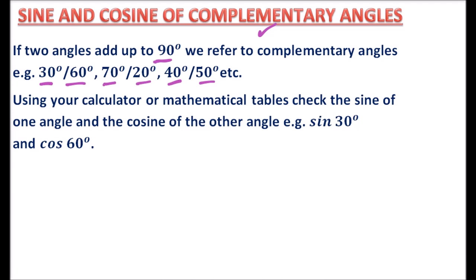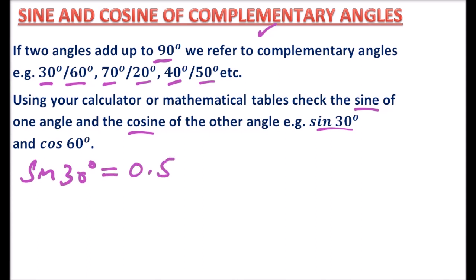And using a calculator or mathematical tables, you can check the sine and the cosine of one angle and the other angle. For example, the sine of 30 is equal to 0.5.